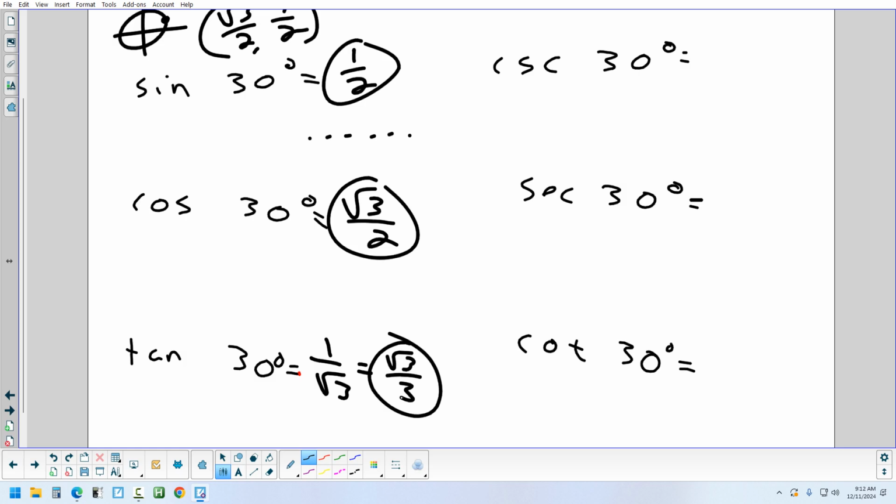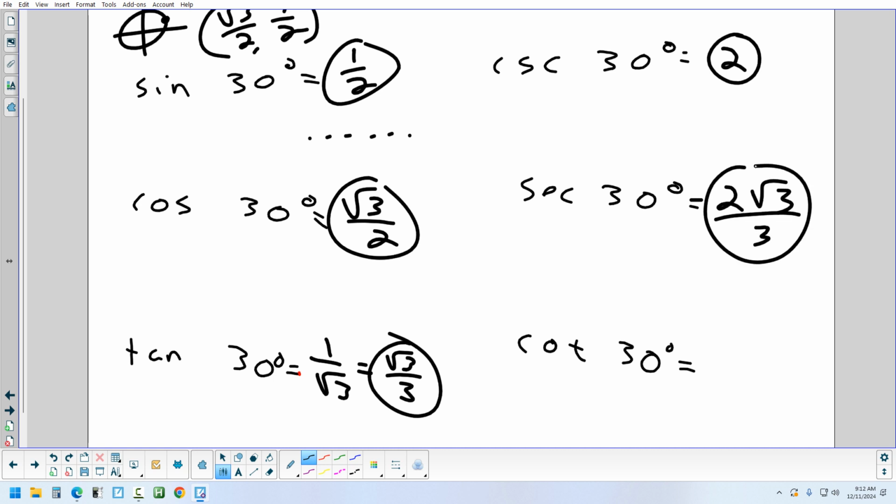Okay. How about my cosecant of 30 degrees? What's my cosecant? Yep. 2. Okay. How about the secant of 30 degrees? Final answer. Fully everything you need to do to fix it. Yep, 2 root 3 over 3. And how about the cotangent of 30 degrees?